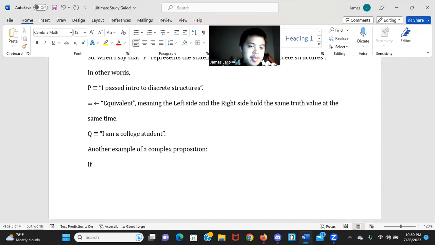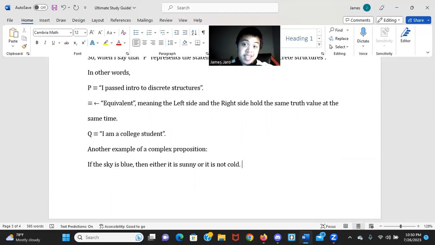We could say, if the sky is blue, then either it is sunny or it is not cold. And this is a proposition because it has a truth value to it.